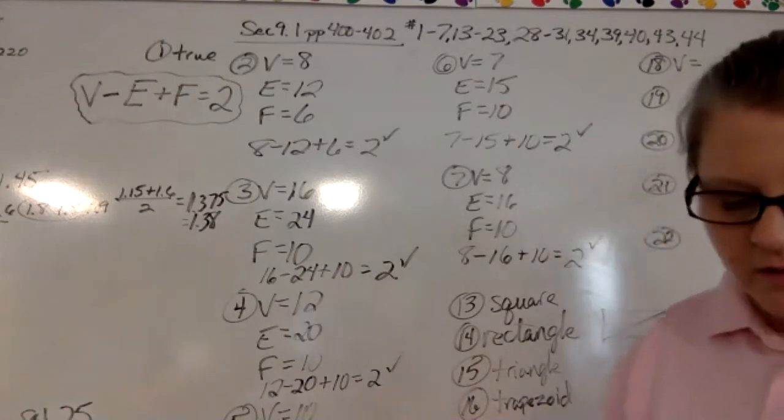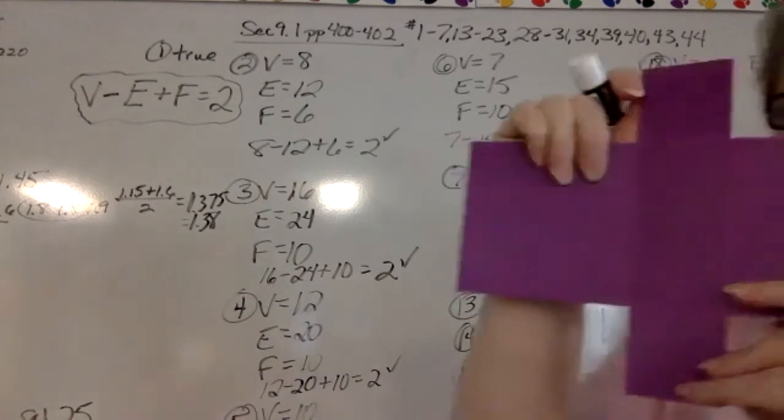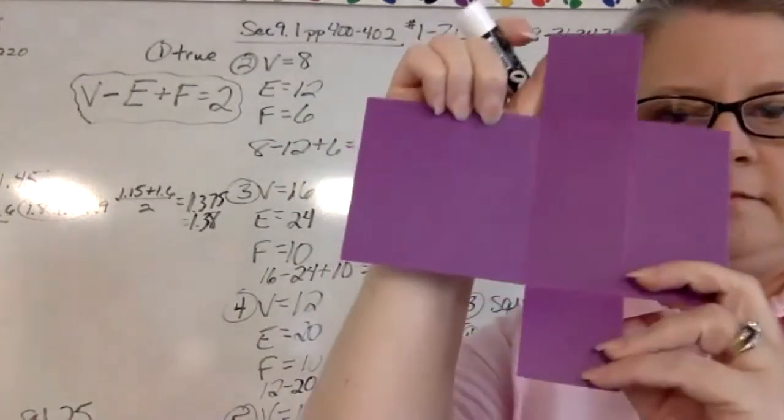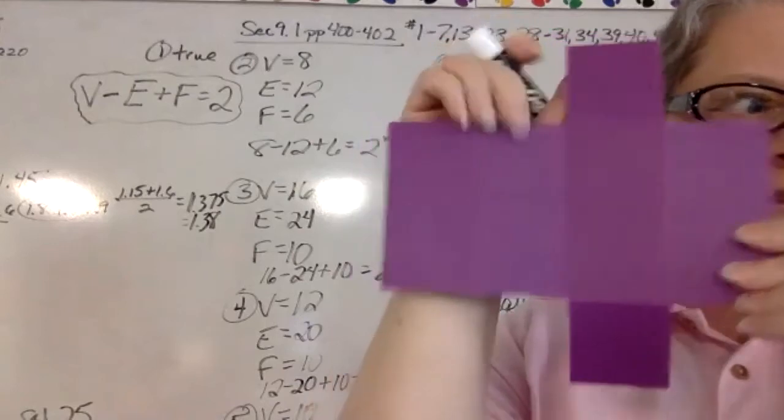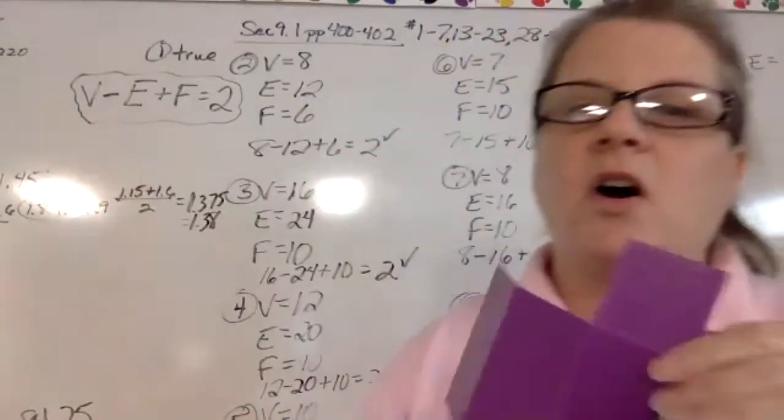Now you'll notice next to the problems, they have something laid out flat. Everybody see that? That looks like this. Does this look like what they have there? Yeah. This is what they call the net.